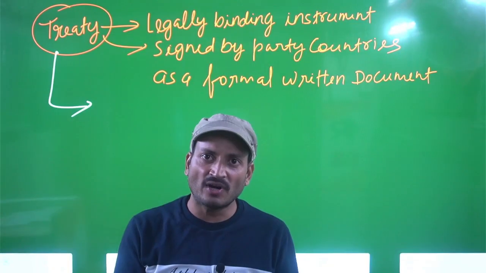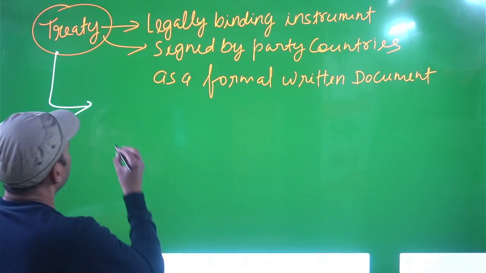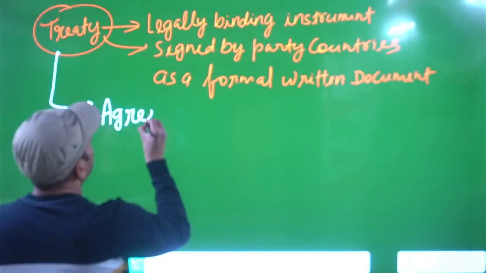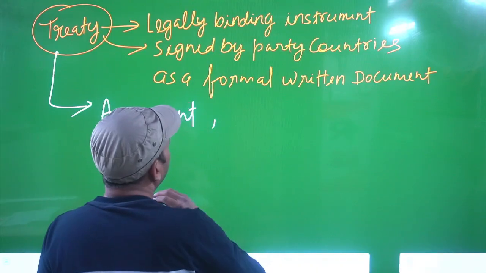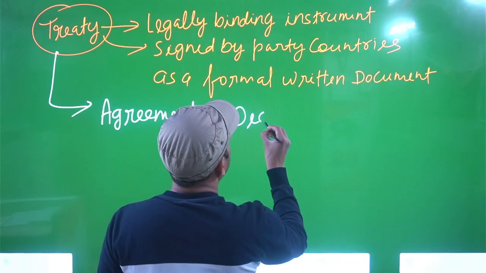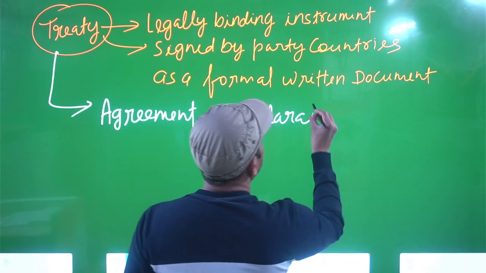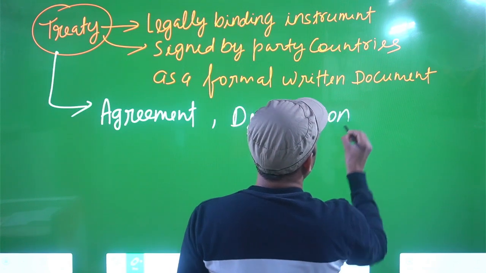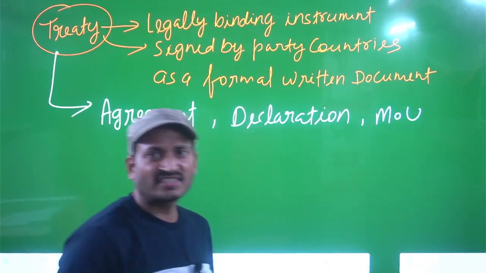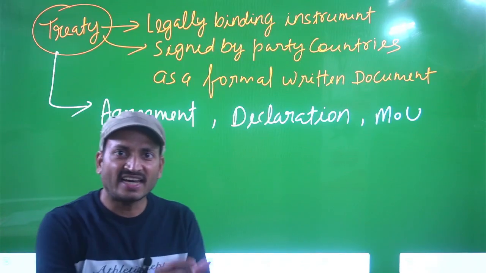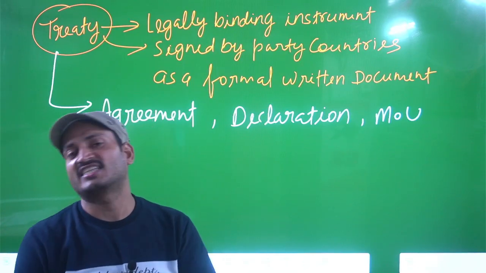There are multiple other instruments, as we know. For example, agreement, declaration, MOU, various other instruments that are exercised at the international level.